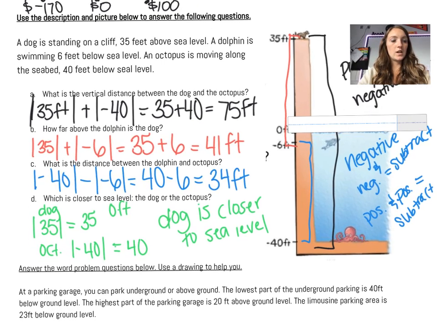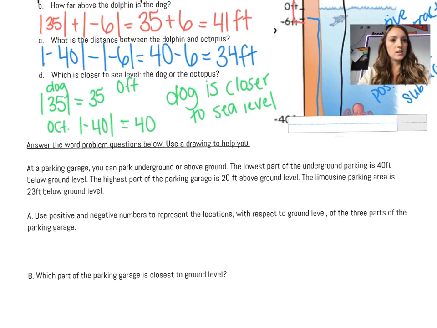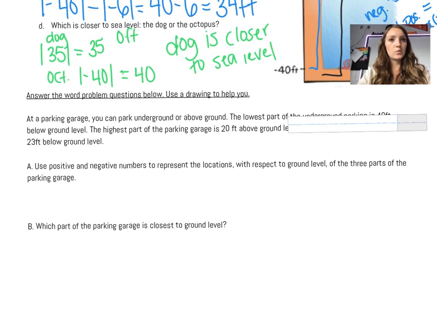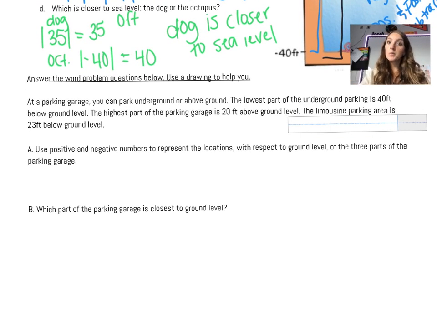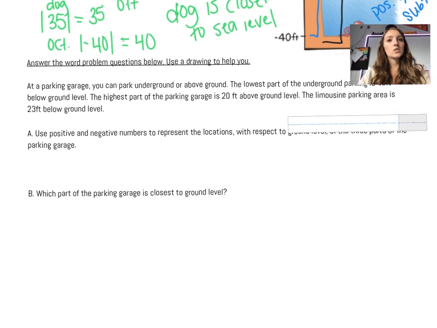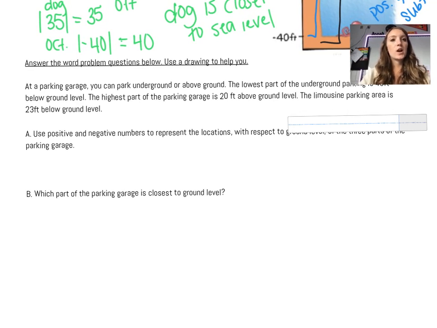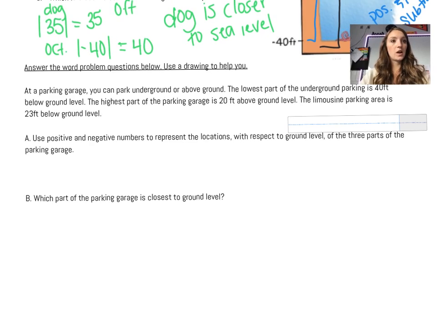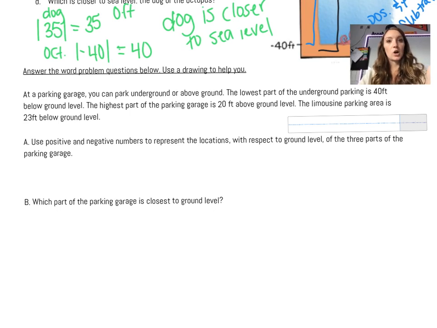All right, we have one more that we're going to look at here. So that previous one was really nice because it gave us a picture and gave us a description. Now we're going to look at when maybe you're only given the description and we can figure out how to draw a picture to help us with that visual. So at a parking garage, you can park underground or above ground. The lowest part of the underground parking is 40 feet below ground.